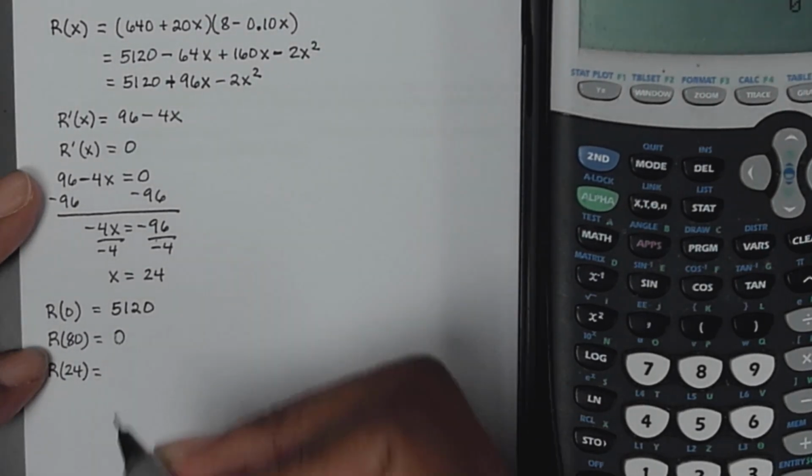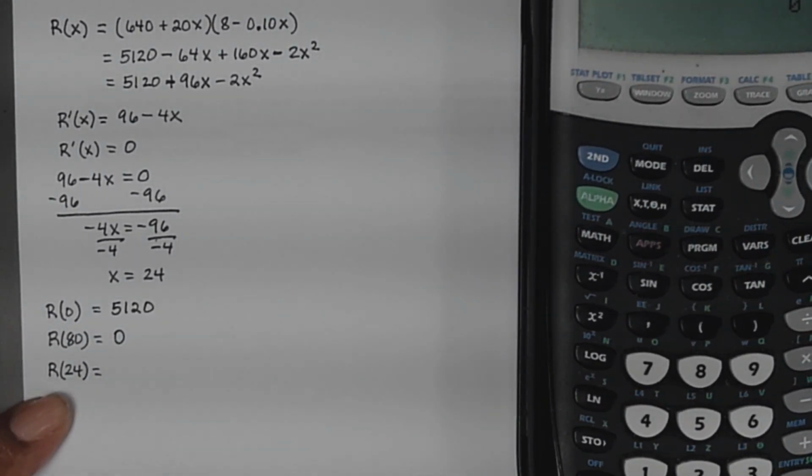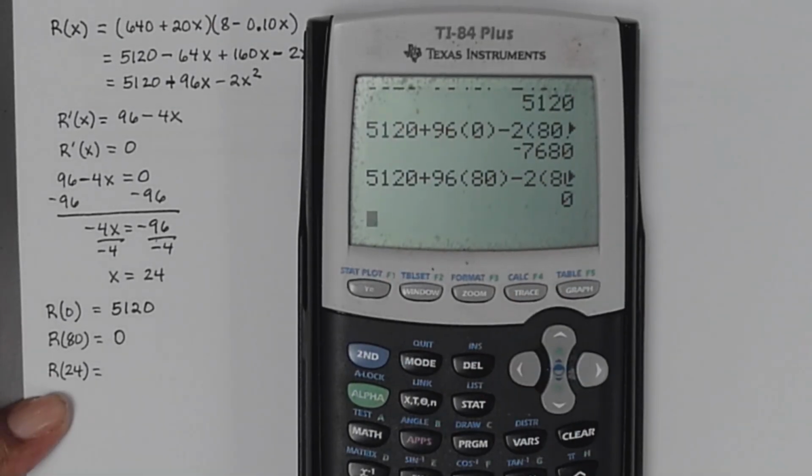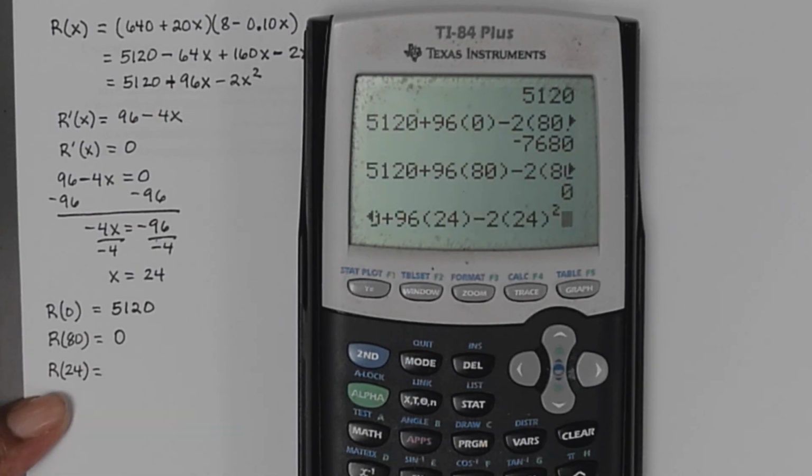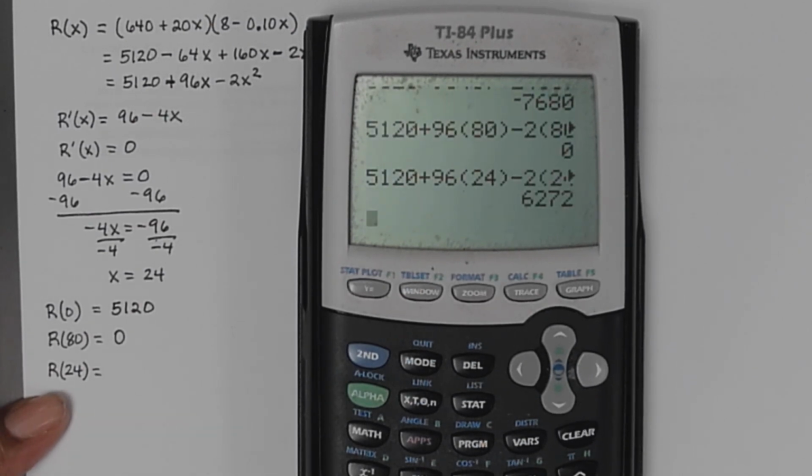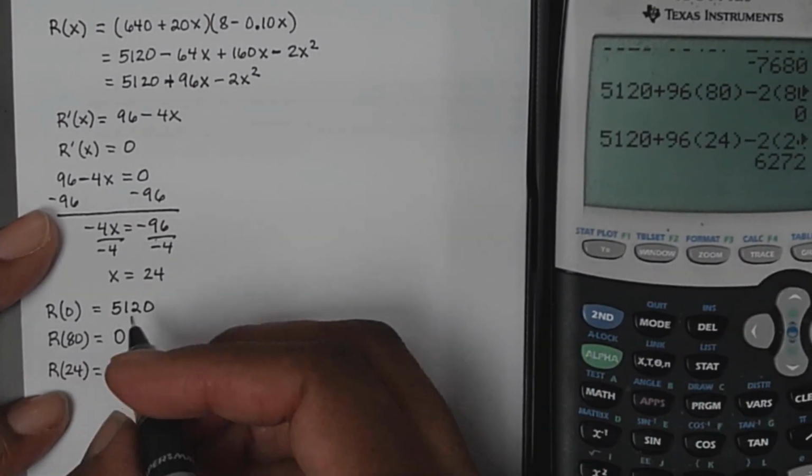Okay? And now for R of 24, let's see, 5120 plus 96 times 24 minus 2 times x, which is 24, and that's squared. Here I get 6,272.